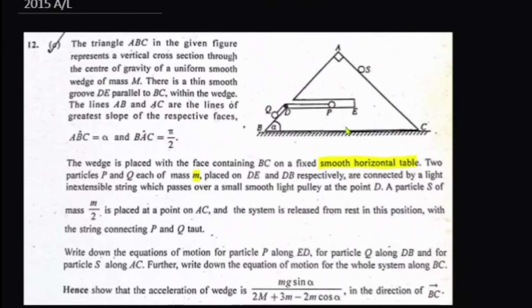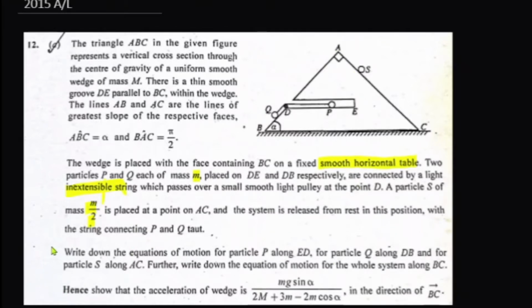Since it is placed on a smooth horizontal table, there's no friction, and then two masses P and Q of mass M are placed in this way, connected to each other using an inextensible string. Thereafter they are saying another particle S of mass m over 2 is placed on this AC surface.